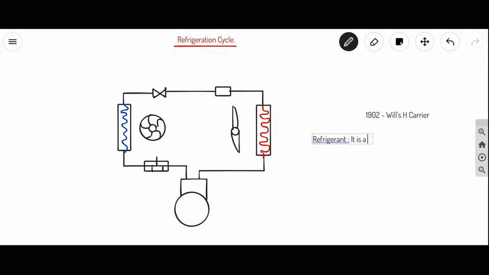It is a heat carrying fluid that always changes its phase upon heat exchange.